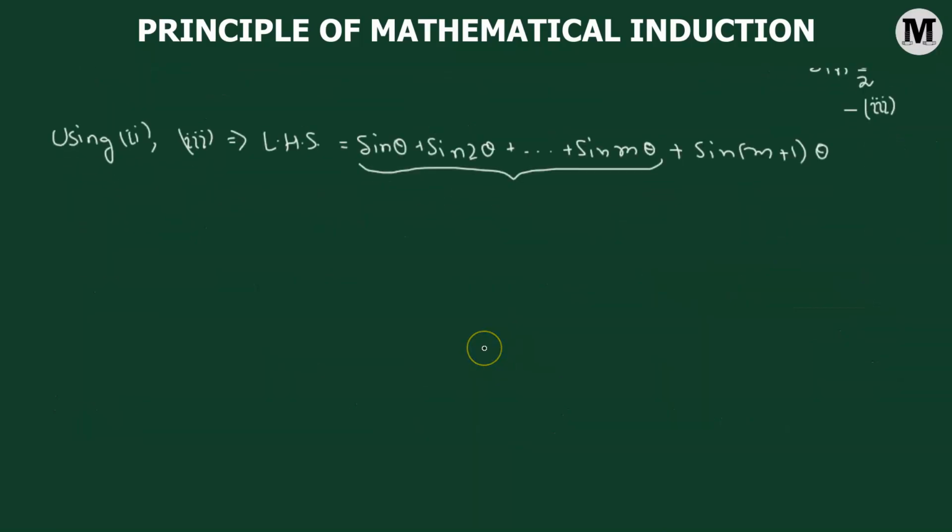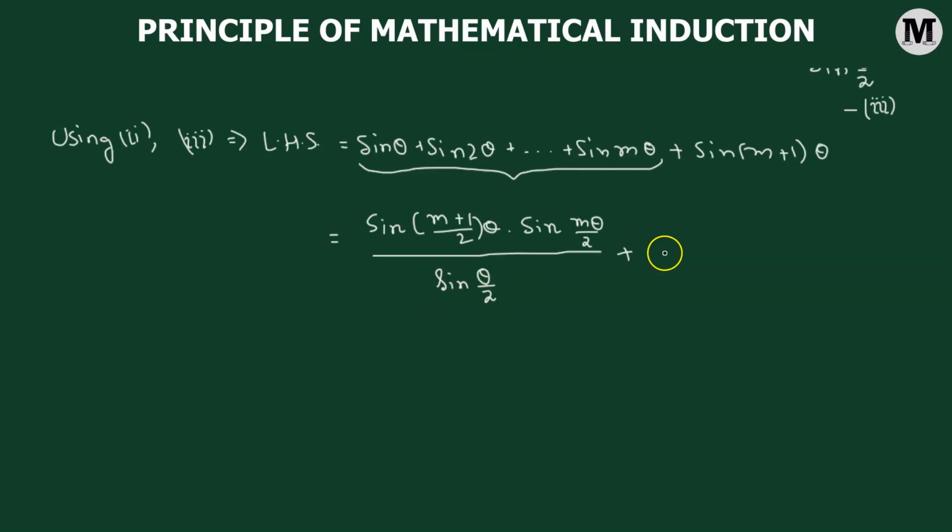Okay, so that means we now have sine of (m plus 1) over 2 multiplied to theta, multiplied to sine of m theta over 2, whole divided by sine of theta over 2.